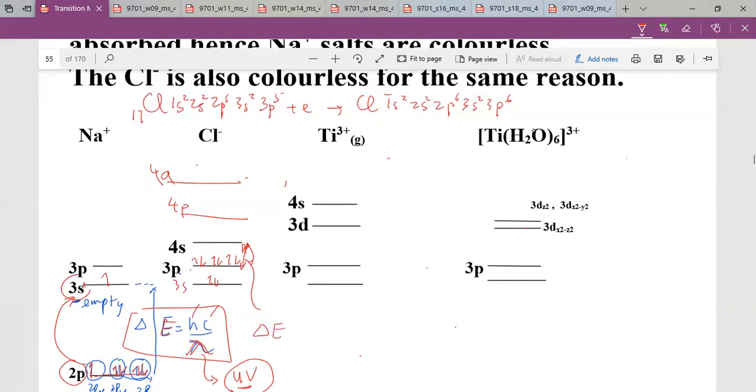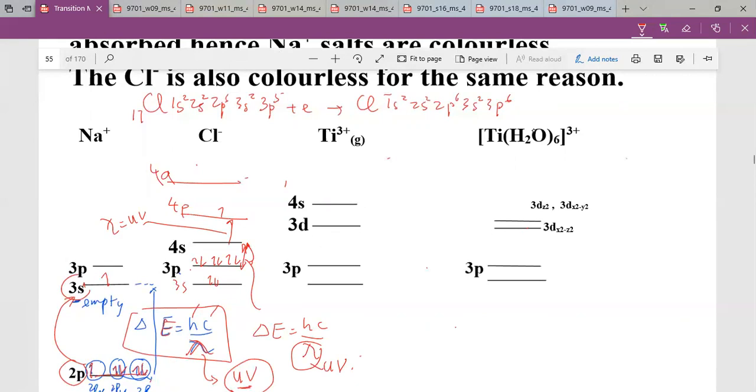That change of E equals hc/λ, and this is in the UV region. That means none of the visible region is absorbed. That's why Na plus and Cl minus are colorless, because none of these colors is absorbed, as the energy is too high.